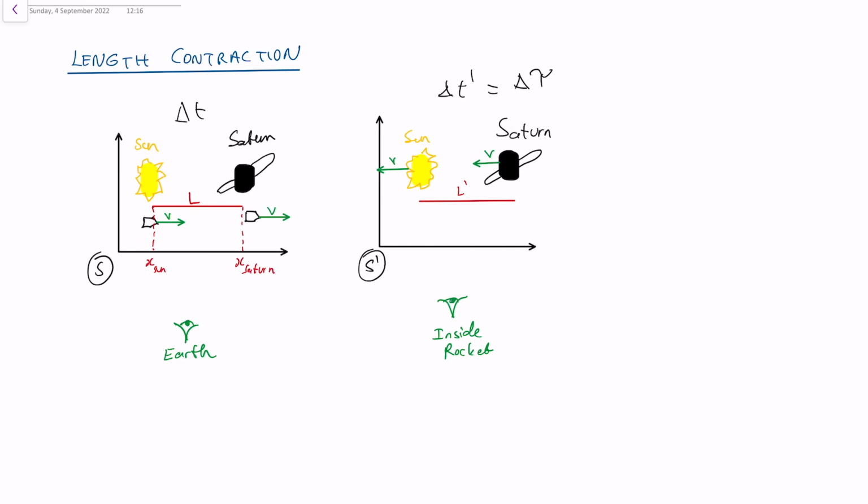So in this video we're going to talk about length contraction, which is again one of the peculiar concepts in the special theory of relativity. In the previous videos we talked about time dilation and some experiments confirming it.